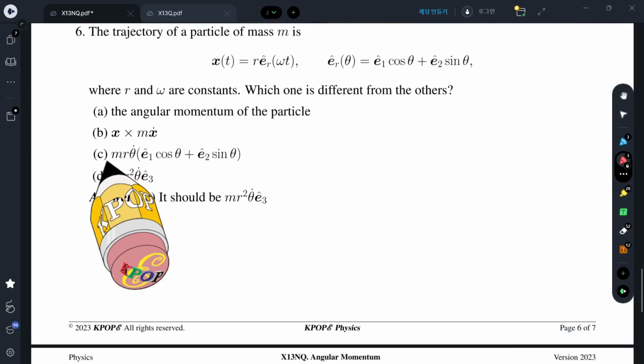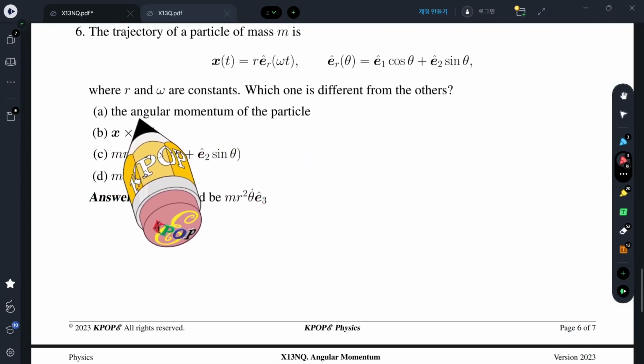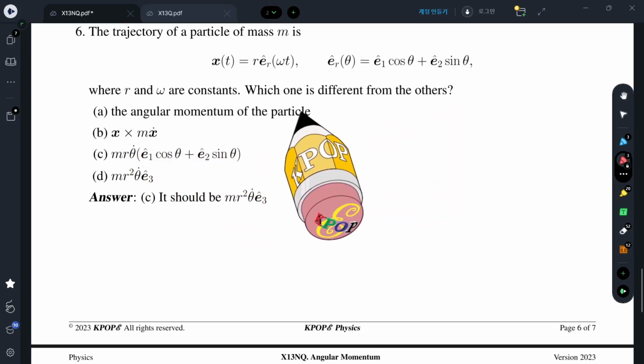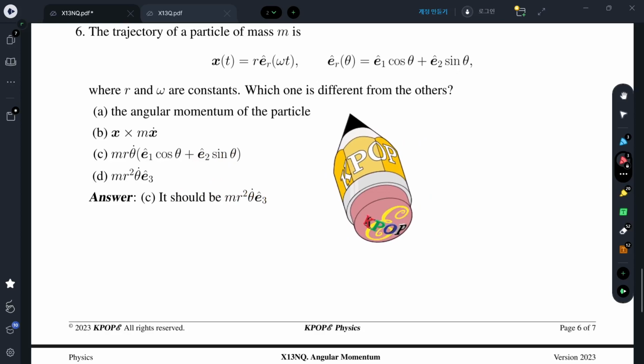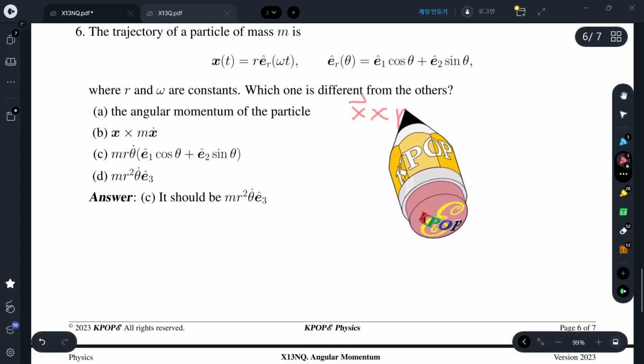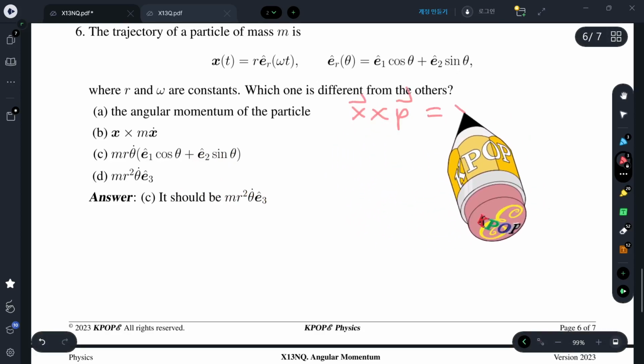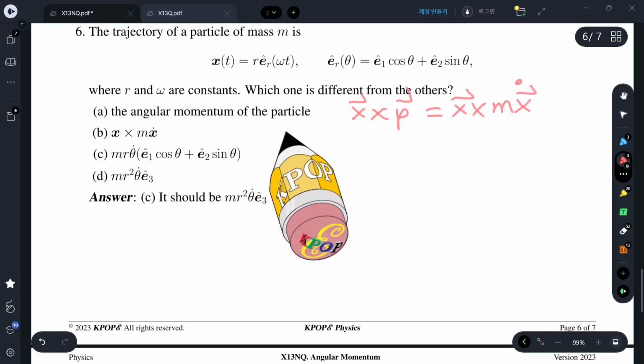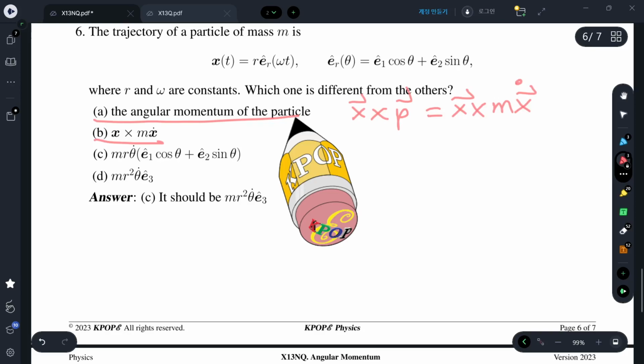Trajectory, again the same problem. Which one is different from the others? Angular momentum of the particle is x cross p, and p is mass times velocity. They are identical.